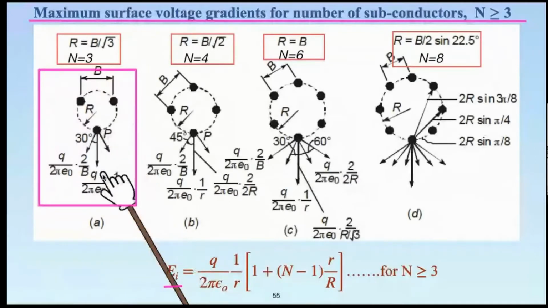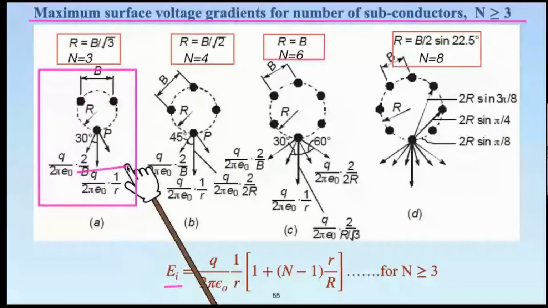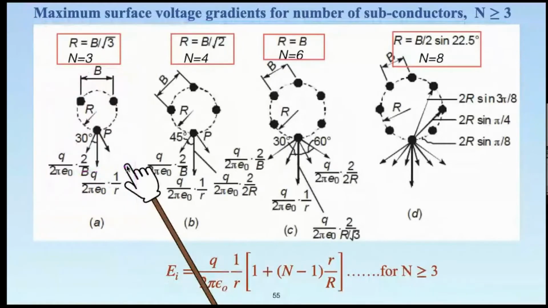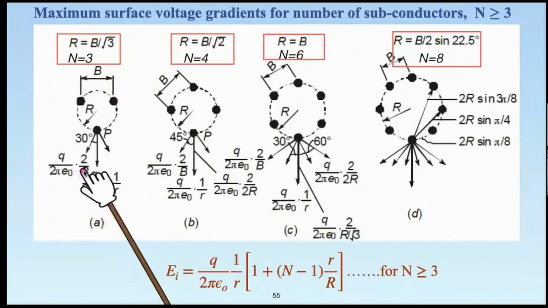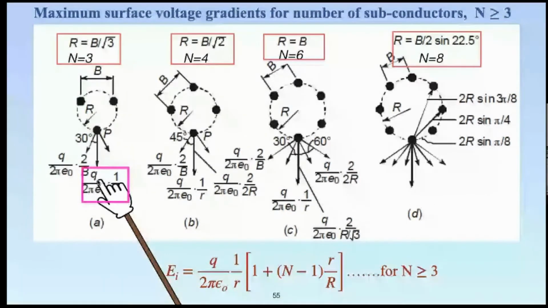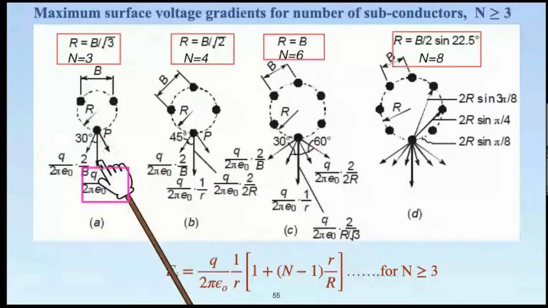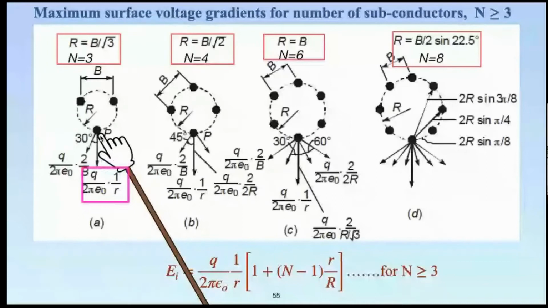One is this one. One particular component is shown here at the bottom. One of the components that is shown here is q upon 2 pi epsilon 0 into 1 upon r. You can see here the arrow, the first component, the central one. This is indicating the electric field on the surface of this conductor due to its own charge.